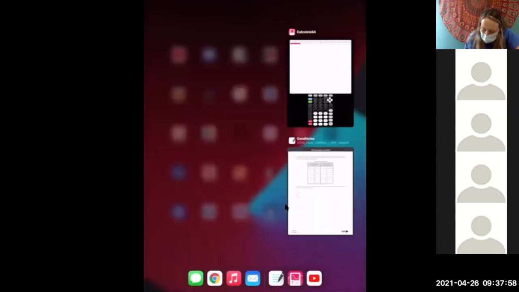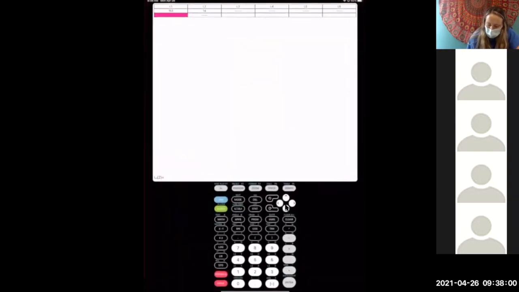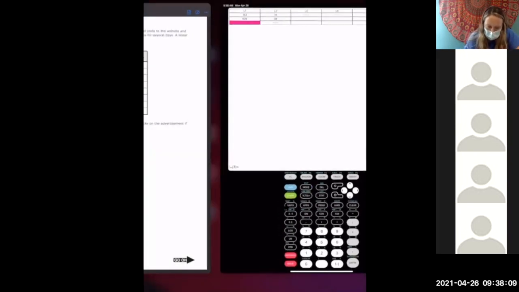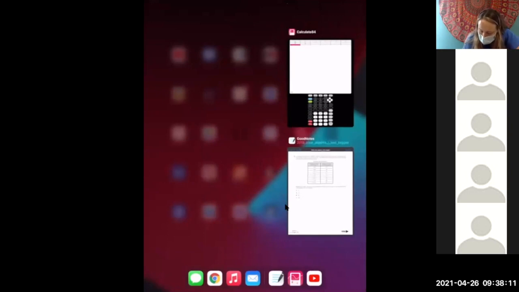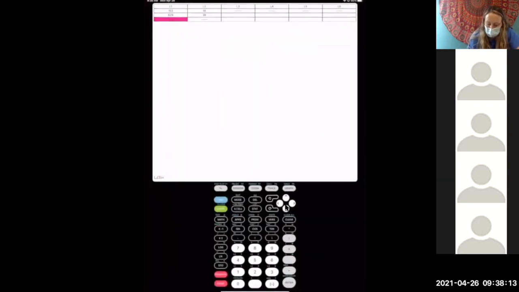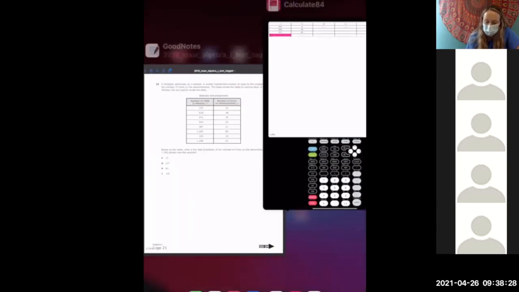The next point is 629, 38. Yeah, and then 471, 30. Well, it won't let me scroll to the right. In normal calculators, it does let you scroll to the right. The apps are going to have little kinks and stuff, but your actual graphing calculators are not going to have kinks.